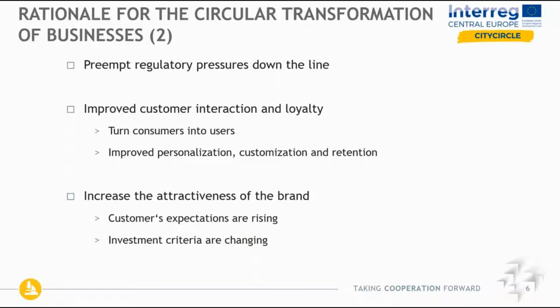It can be turned into a really positive point for the attractiveness of the brand because of the customers' expectations.